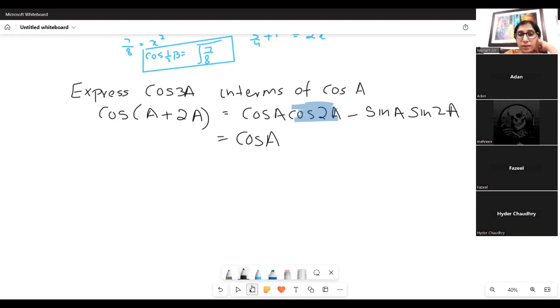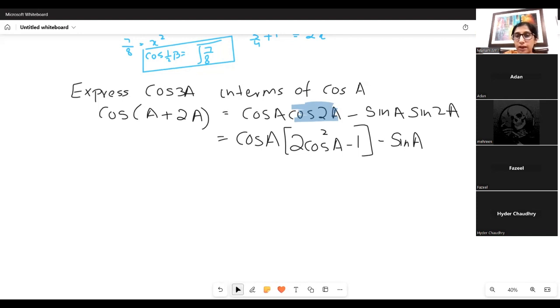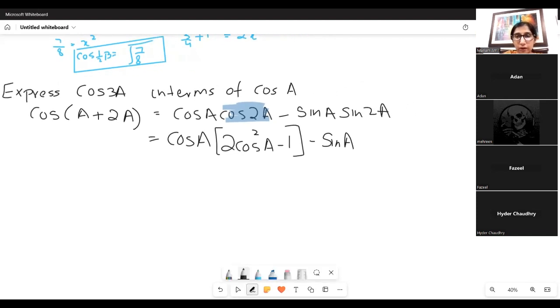Yes, we have the identity 2 cos square A minus 1. So now cos 2A has also changed in the form of cos A. Minus sine A stays the same for now. And we know that sine 2A is equal to 2 sine A cos A.